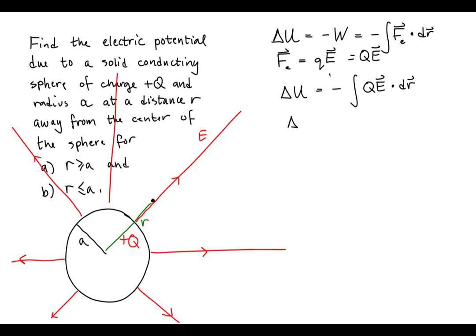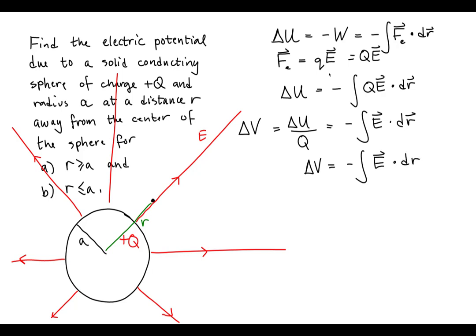Well, if we divide both sides by the charge Q, notice we have an electric potential energy per charge Q. That electric potential energy per charge Q is what we define electric potential to be. So we now have an expression for electric potential, or electric potential difference rather, in terms of the line integral of an electric field.